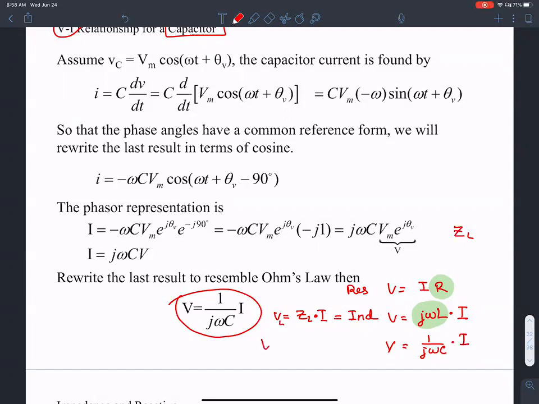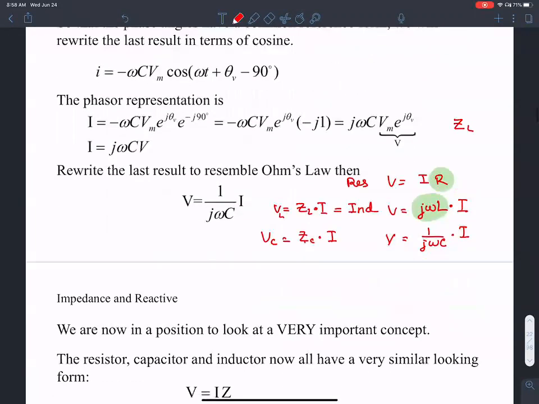In a capacitance, V equals ZC times I, where ZC is 1 over j omega C. So when I convert the inductance and capacitance into the frequency domain, I get what is known as impedance.